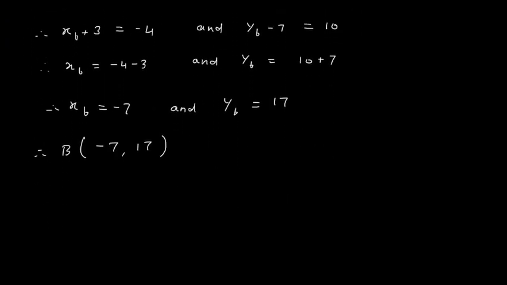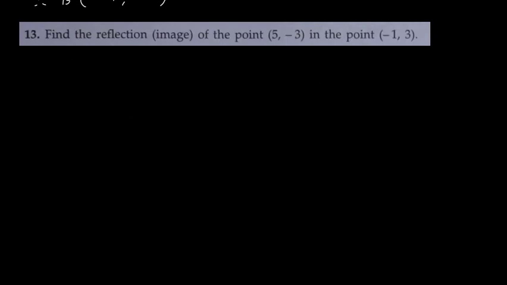Again a simple question. Now the 13th question is to find the reflection of the point in a point. So I will take one point, say this is a point (5, -3).